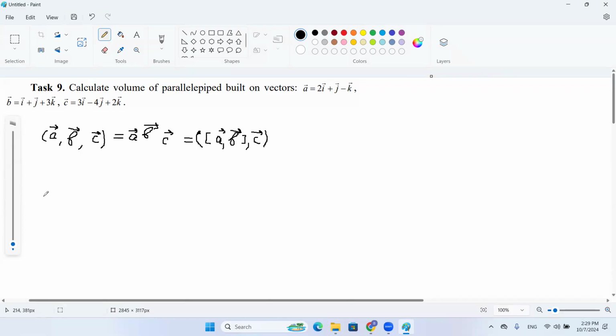Yeah, and now let's calculate. By the way, here we have a spoiler: what is the geometric usage of the mixed product? Daniel? We find the volume of a parallelepiped. Yeah, correct. Which other figures can we calculate?